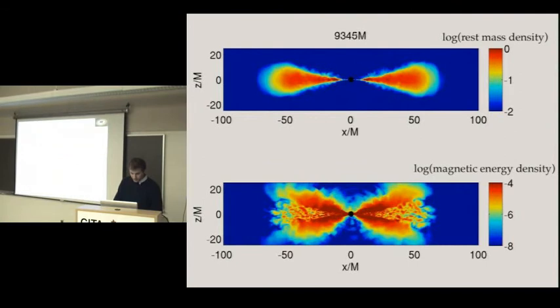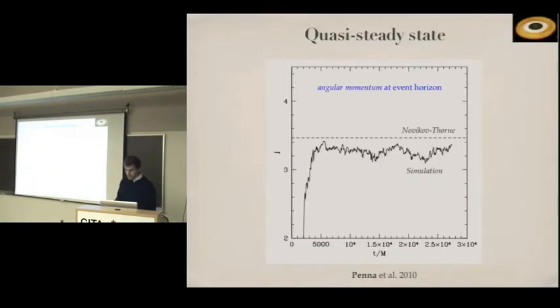So the first thing you want to ask is, does the simulation reach some steady state solution? One way you can answer that question is to look at conserved quantities. So here what I'm doing, I sit at the event horizon, I watch the fluid go by me, and I measure its angular momentum. So angular momentum is a function of time sitting at the horizon.